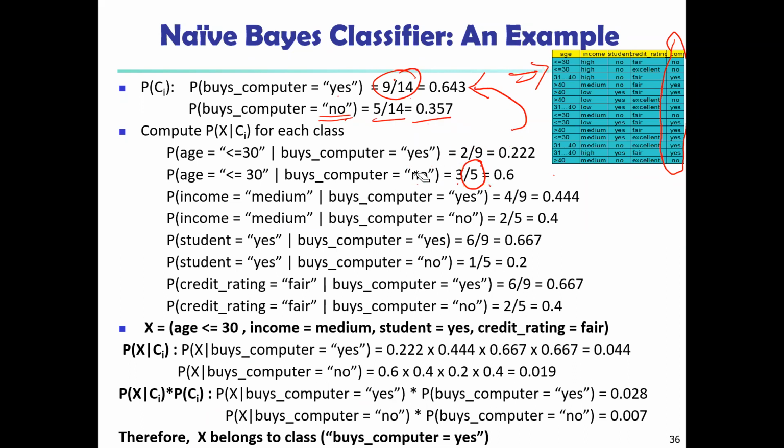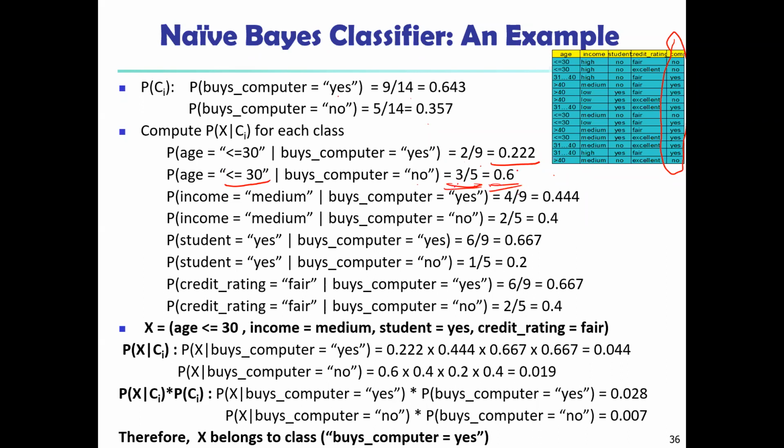So 2 yes divided by the total number of yes class labels is 0.222. For no's, the number of no's which have age less than or equal to 30 is 3, divided by the total number of no's in the data set. So 3 by 5, we got 0.6.